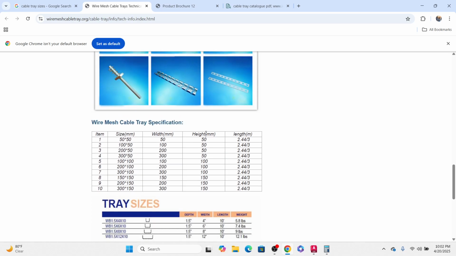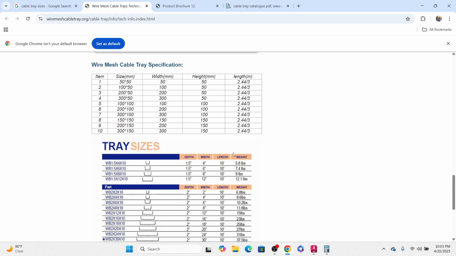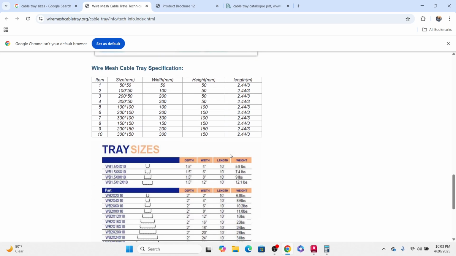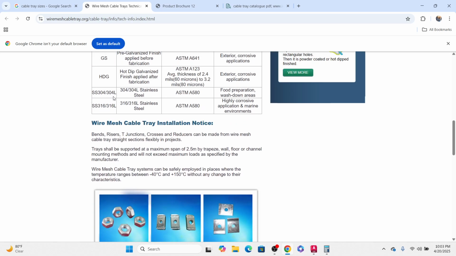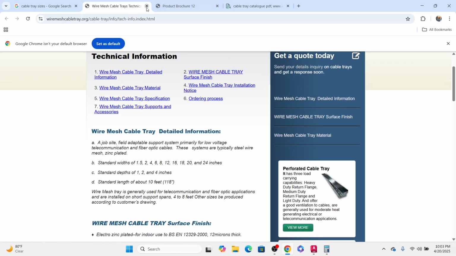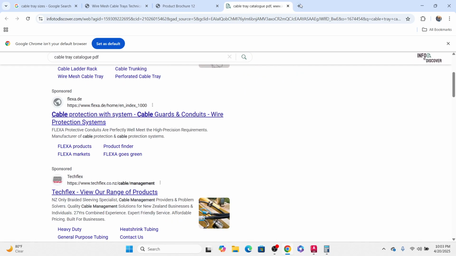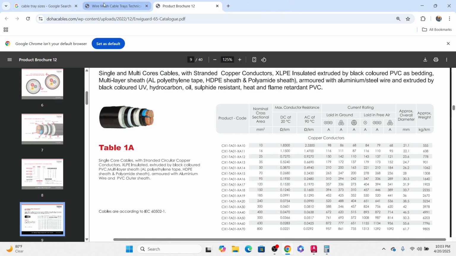This is 50 by 50, 100 by 50. Cable tray specification, this one goes up to 300. There are some cable trays we have up to 900.